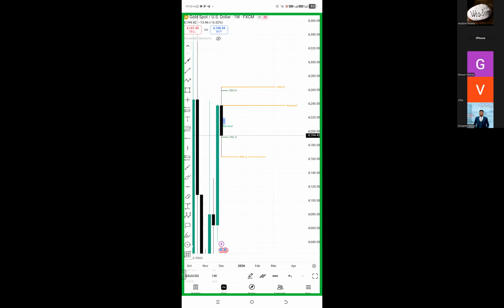Which means there is a possibility that price may want to buy into premium before selling, right? Where does your premium start from? 50%, right? Around, if I fib around 50%, then fib, let's see.